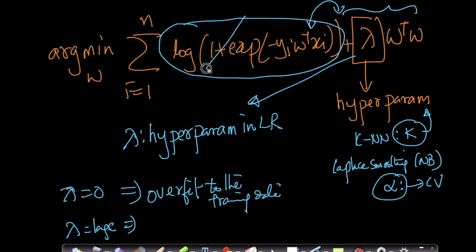So the influence of the loss will reduce when lambda is very large, and only the regularization will matter. When only this will matter, you are not using your training data anymore. Remember, in the second term, there is no training data. There are no xi's and yi's. When lambda becomes very large, the influence of the loss term reduces, which means you're no more using training data to find the best w. When you're not using training data to find your best w, what happens? You're going to underfit.